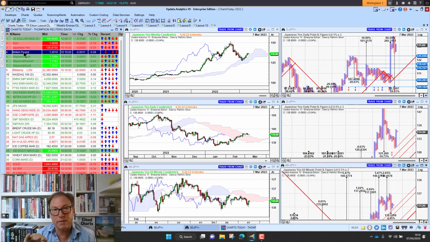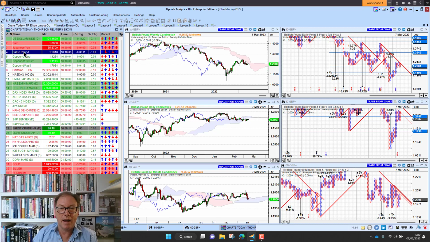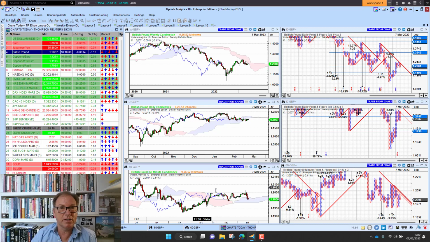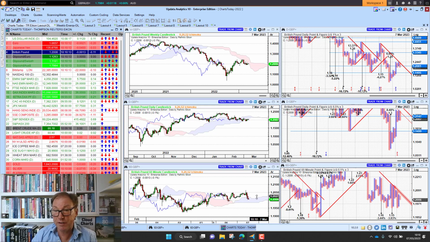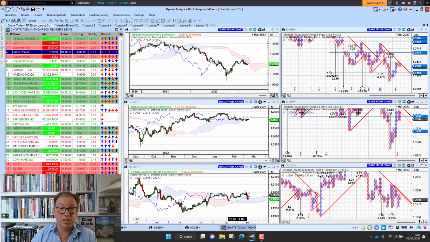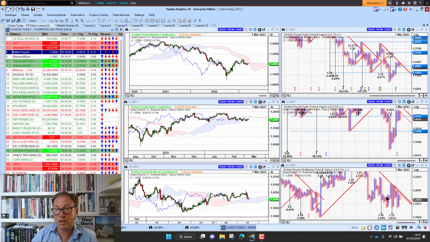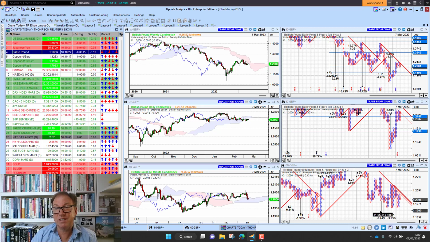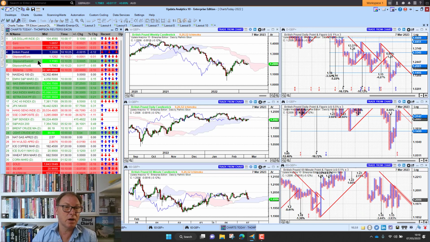Sterling is just flittering with this 120 level, and we're just nudging above it again this morning, but this 120 level is becoming really quite tricky. 120.50 for cable is certainly a level that we need to see break in that short term. We've got these downside targets, which does suggest that sterling is going to go lower, hitting cloud resistance there as well on the weekly.